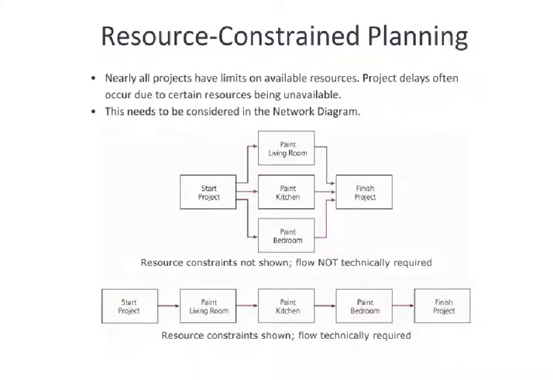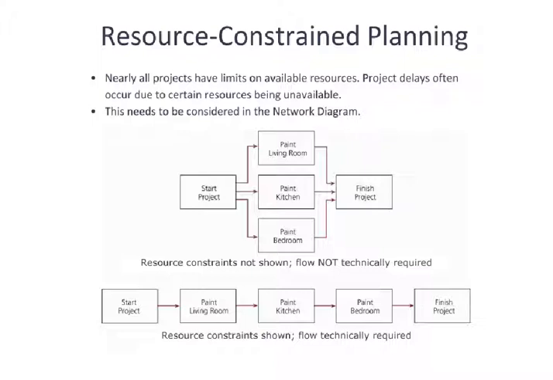Before we begin looking at managing the resources, let's remind ourselves of how resource constraints will appear within the baseline plan of the project. Now, our primary tool for the baseline plan is the network diagram. And the network diagram implies resource constraints based on how it's generated.